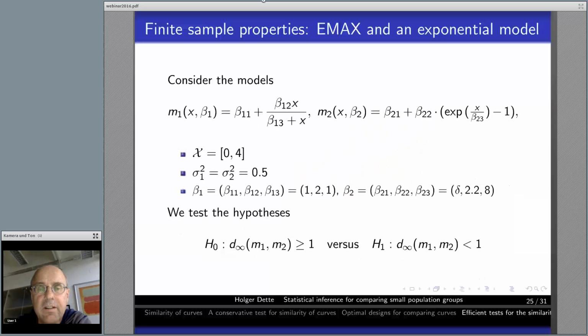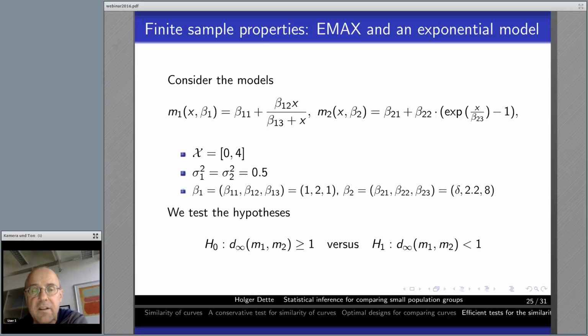Okay, here's the simulation setup. These are a lot of equations. You don't have to look at them too closely. Maybe important are the parameters: for the Emax model they are 1, 2, 1, and the parameters for the exponential model are delta, which specifies how far apart the two curves are, and 2.2 and 8.